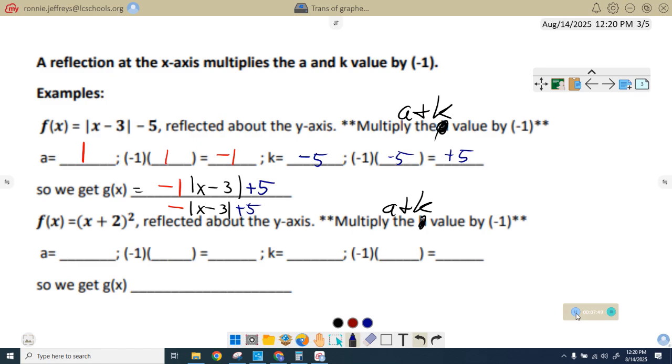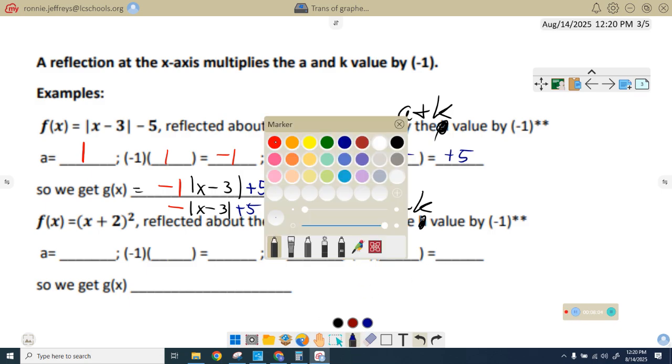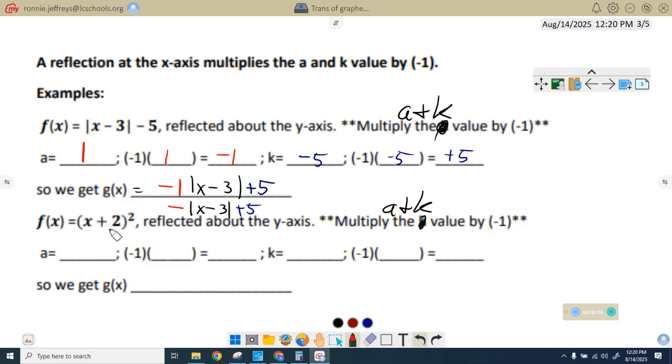So yes, you can do that, write the negative, or either one. Okay, so let's look at this one. Our a is 1, so again, negative 1.